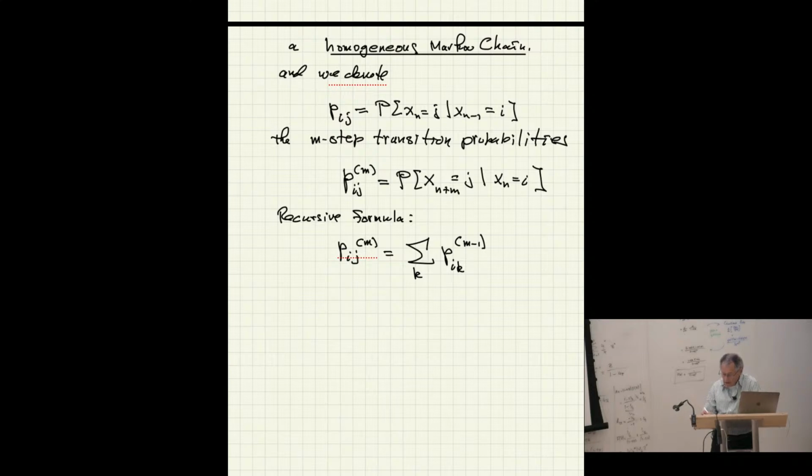Namely, you're going to go from state i to state k in one fewer steps, and then, of course, from k to j in the last step. And that's for m equals 2, 3, etc.